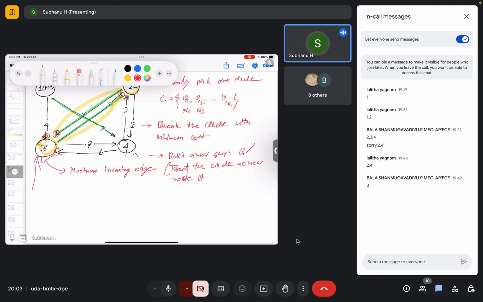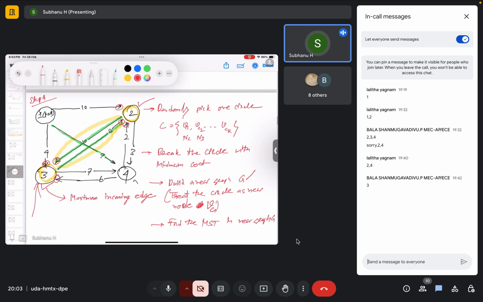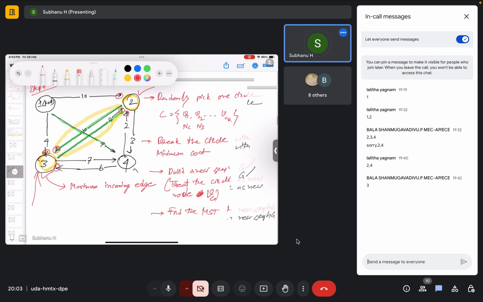Yes, treat the circle as a new node, and I'm denoting it like this, VC. And then find the maximum spanning tree in the new graph G dash. Got it? Then recursively follow this step again to find this out.